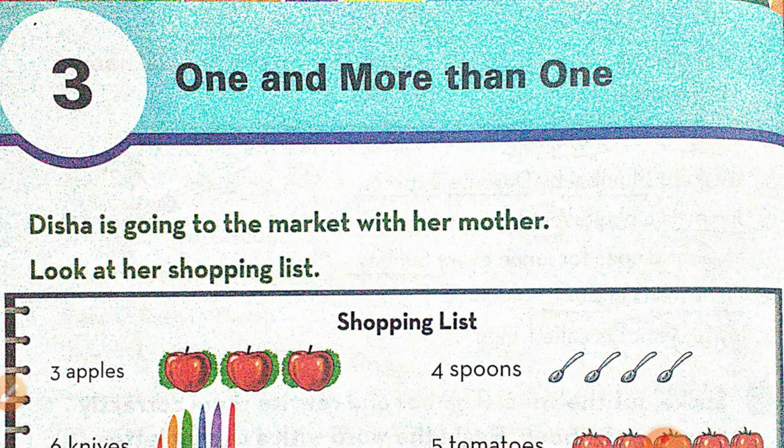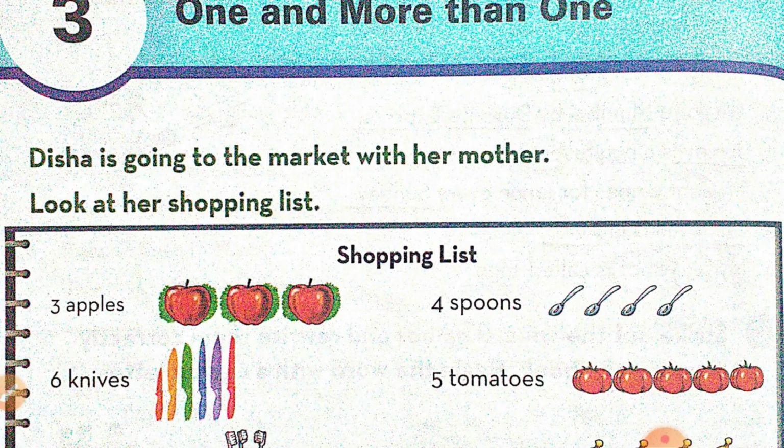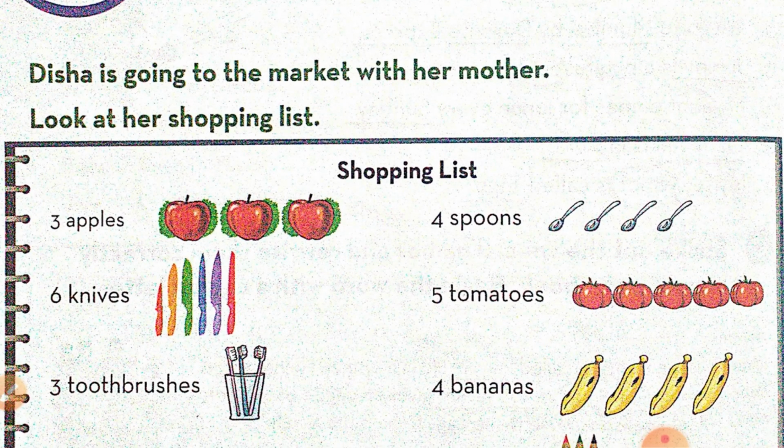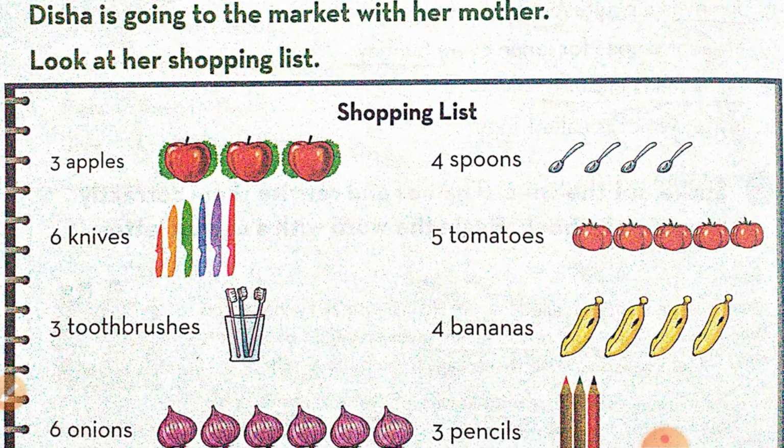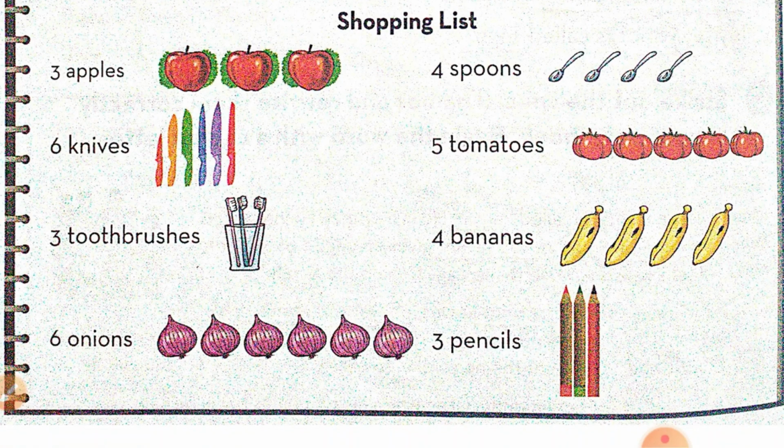Let's start textual exercise of lesson third, one and more than one. Disha is going to the market with her mother. Look at her shopping list. Three apples, 4 spoons, 6 knives, 5 tomatoes, 3 toothbrushes, 4 bananas, 6 onions, 3 pencils.